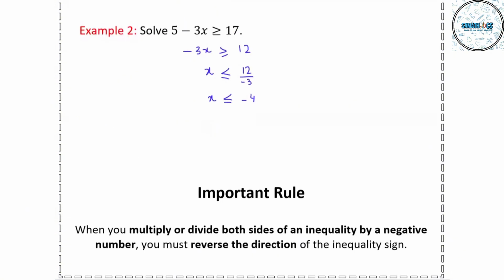Important rule: whenever you multiply or divide both sides of an inequality by a negative number, you must reverse the direction of the inequality sign. So whenever you are solving quadratic inequalities or linear inequalities, you have to make sure that whenever you are multiplying or dividing by a negative number, you reverse the direction of the inequality.